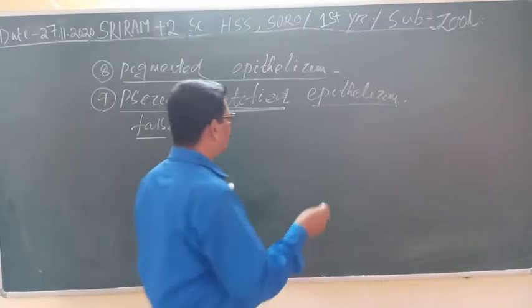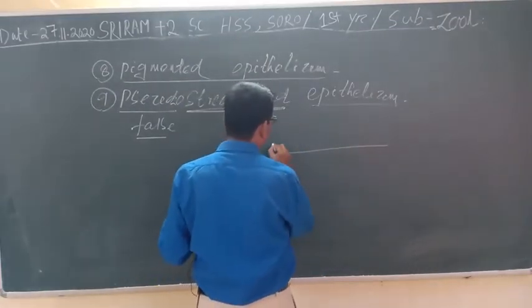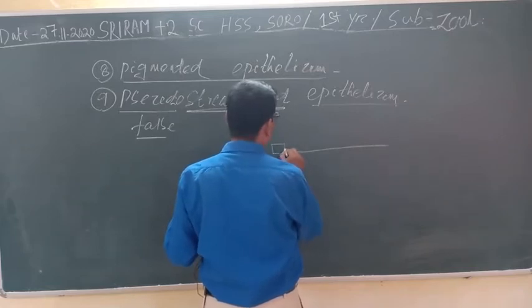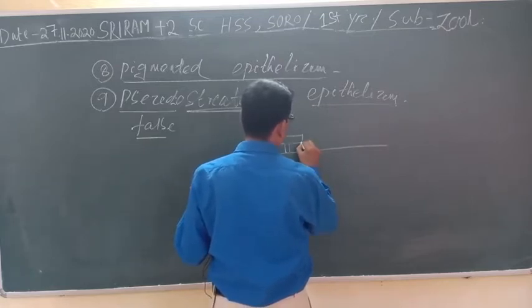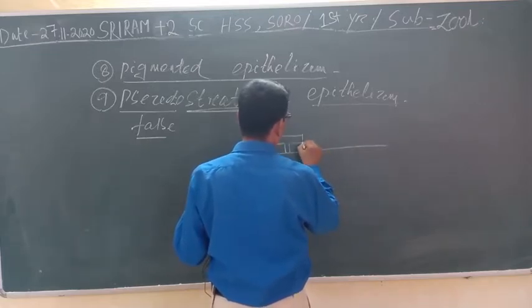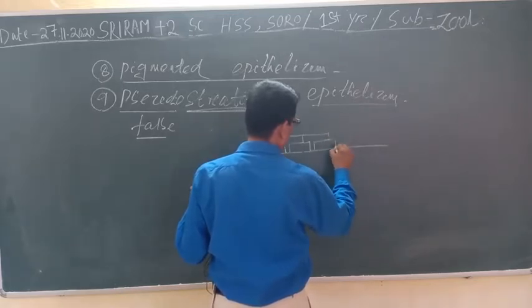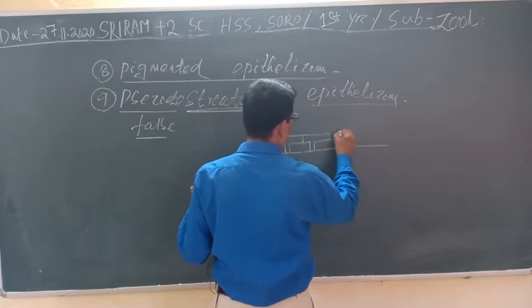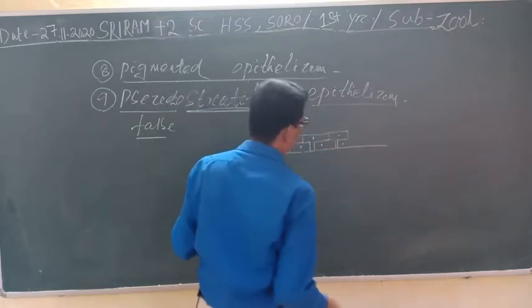How? You see, here this is the basement membrane, and the cells which are present on the basement membrane are of different size, and the nucleus remains in different layers.